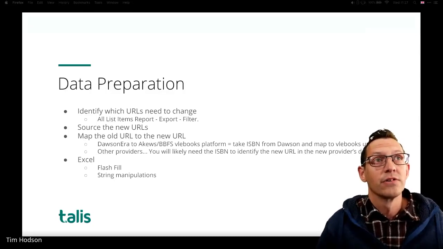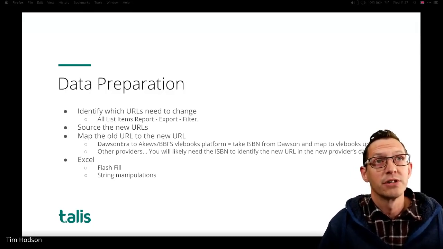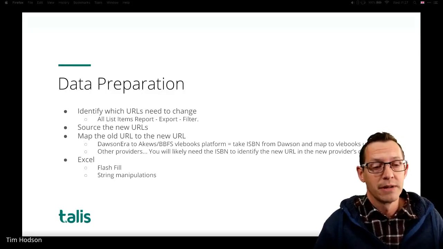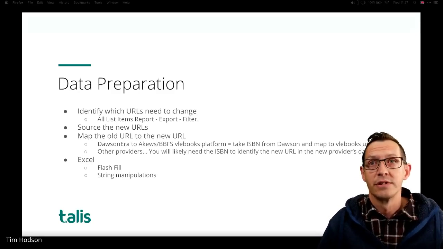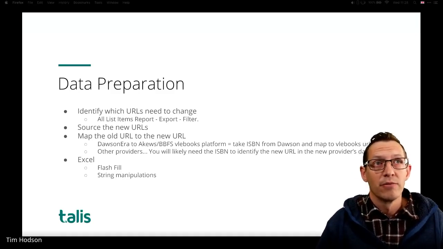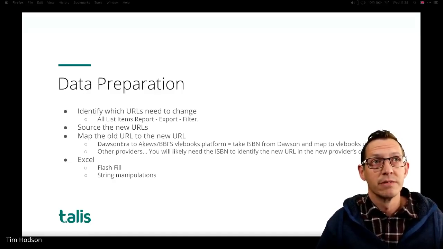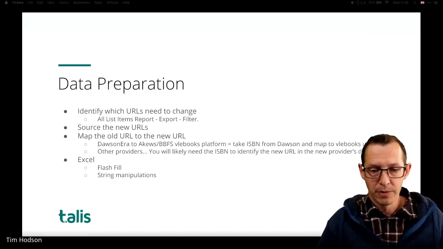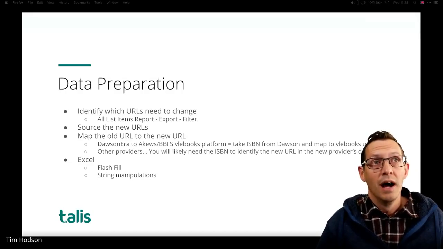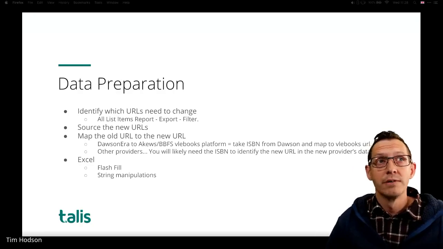So just to summarize for the data preparation, step 1, identify which URLs need to change. Step 2, find out what the new URLs will be. Obviously, that's something that mainly is going to come from the new supplier. Step 3, map the old URLs to the new URL.